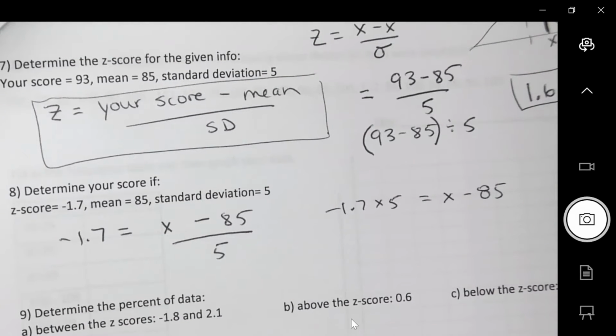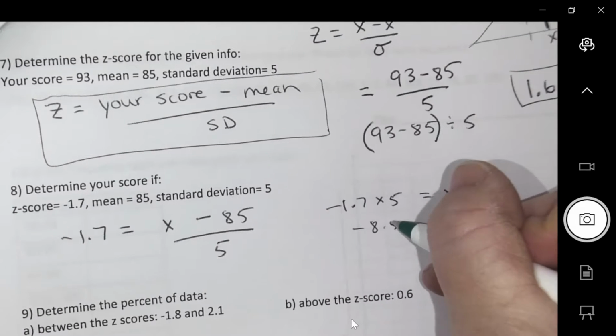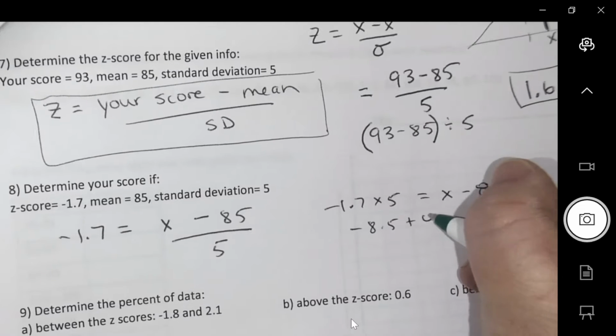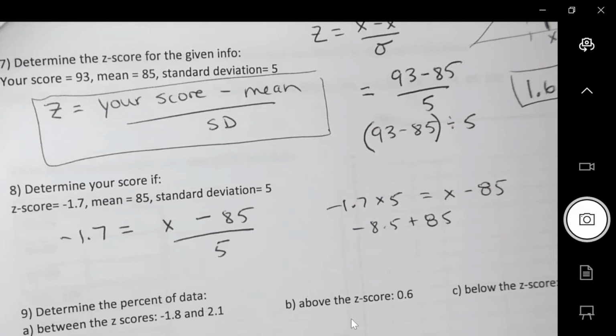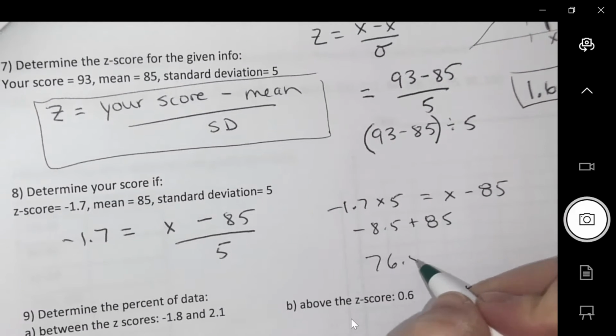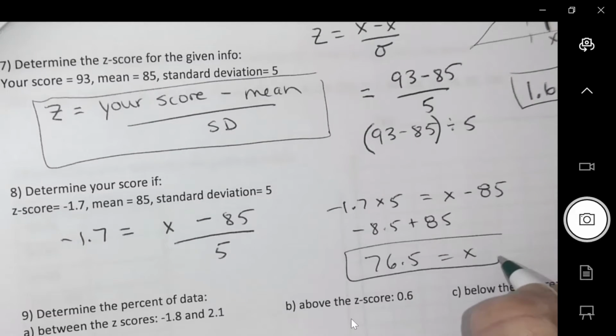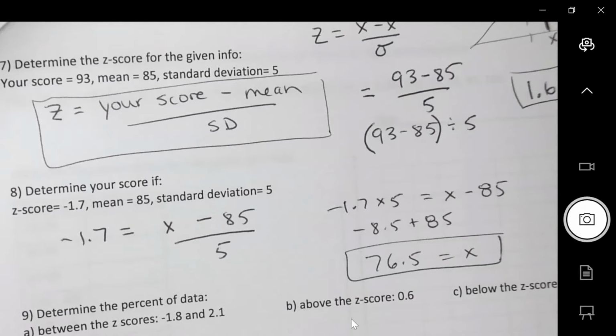So I'm going to times by the 5, then add. So that's my score. I'm underneath the mean, lower than what the average would be, because I'm negative. As soon as you're a negative Z, it means you're below the average.